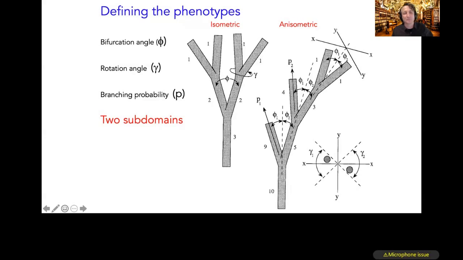Take this basic branching architecture and you could think about the angles of branching, the rotation of the branching, and the branching probability as you go from one mother branch to daughter branches. Those are basically the traits that natural selection could operate on in these different environments.